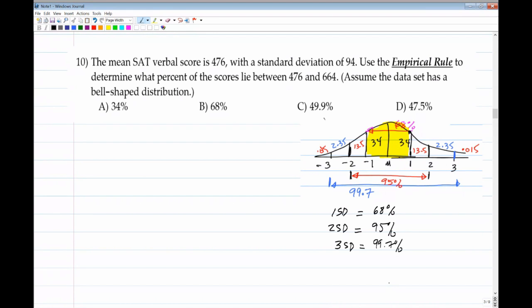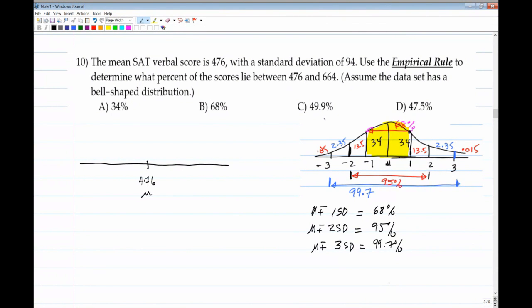When we talk about this, we're talking about the mean plus or minus 1 standard deviation, the mean plus or minus 2 standard deviations, and the mean plus or minus 3 standard deviations. Now, according to this one, we have the mean in the middle, which is 476.